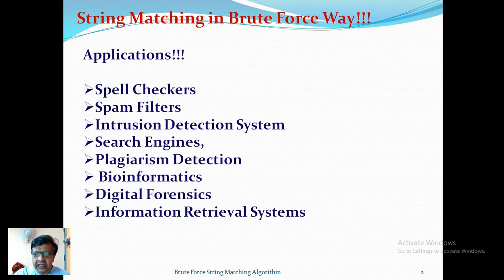As far as the string matching algorithm is concerned, it has several applications. It has found a place of sanctity in algorithmic circles, in application circles. The string matching algorithm is used in spell checkers, spam filters, intrusion detection systems, and search engines. When we type some word in the search engine, it is exactly string matching that happens.